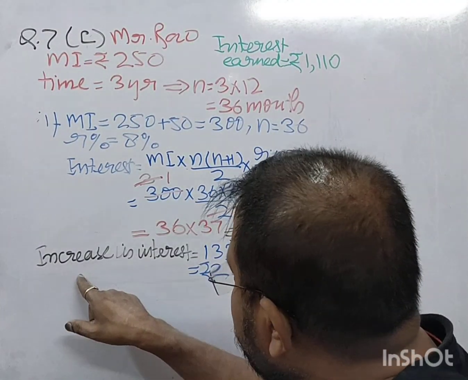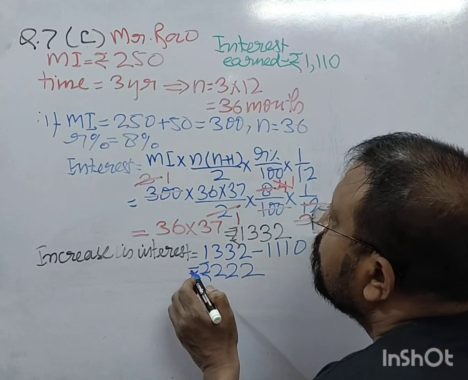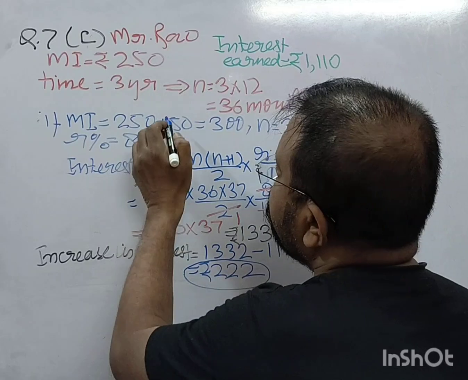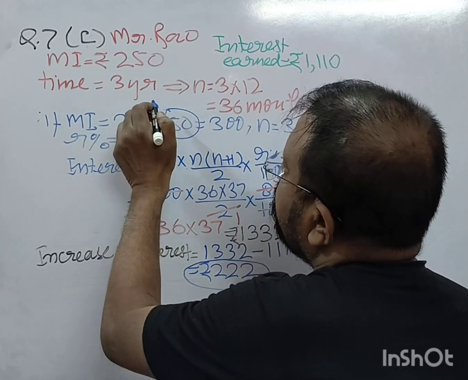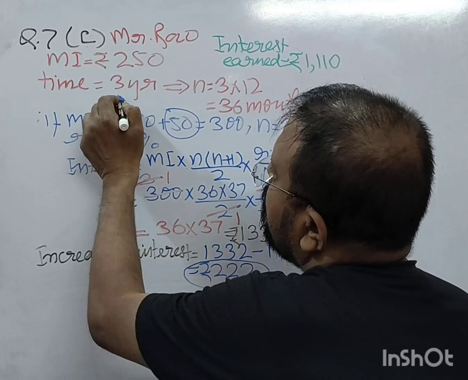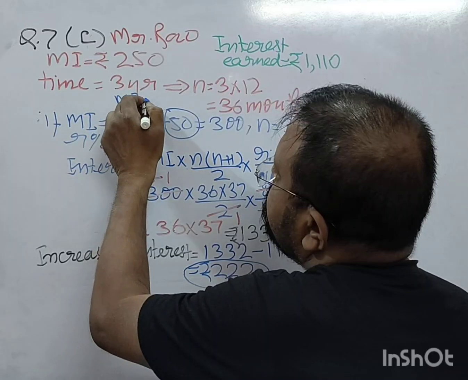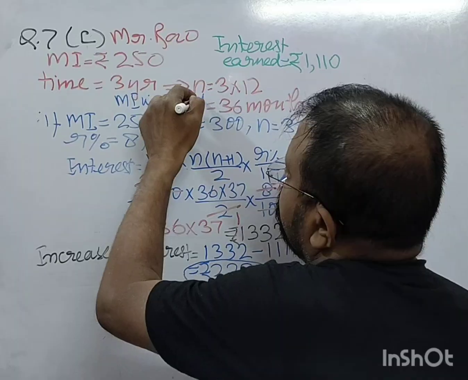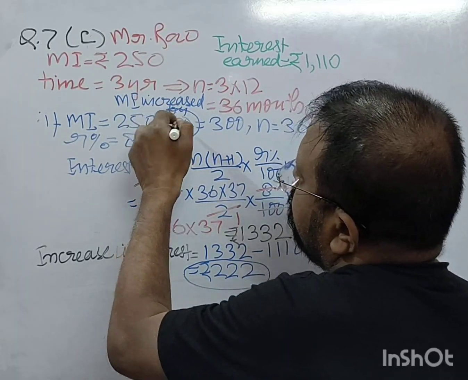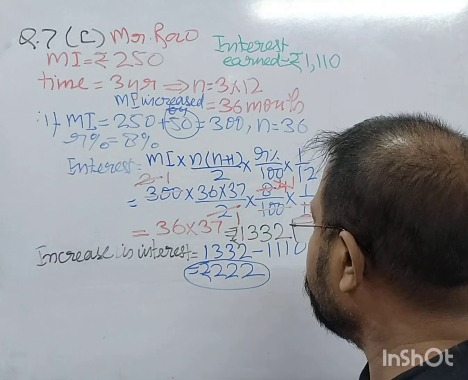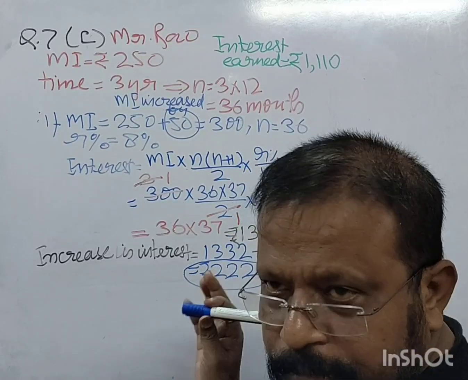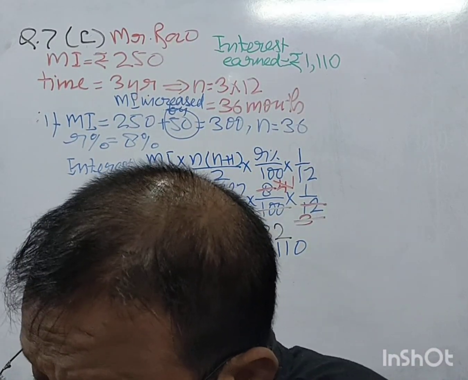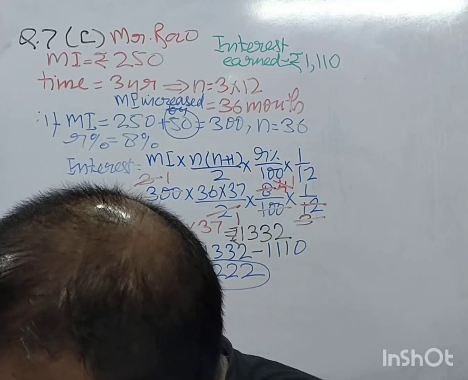Right? Increase in interest is 222 rupees if MI is increased by 50 rupees. I hope you get that. Done? Okay. This was 7. 50 rupees more, right? Same rate of interest and same time.